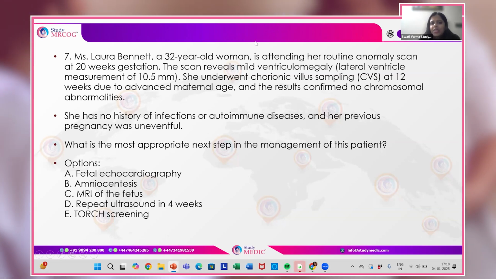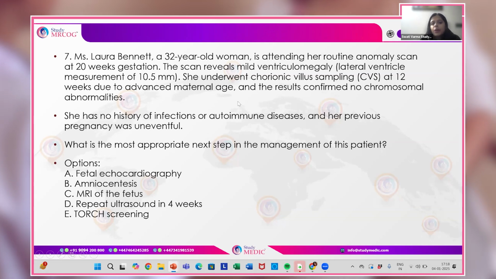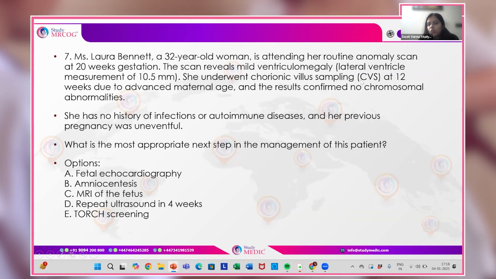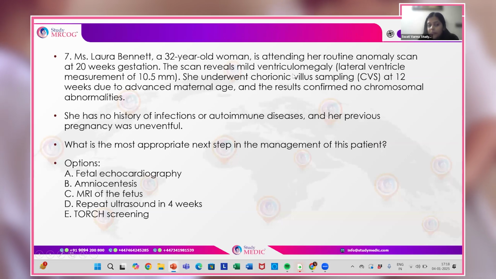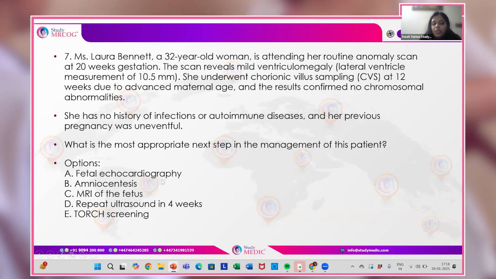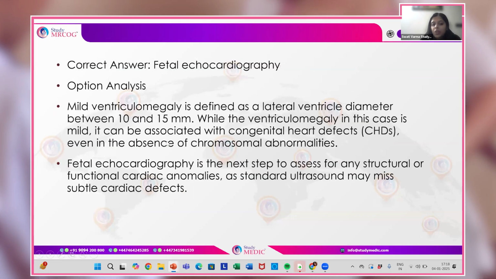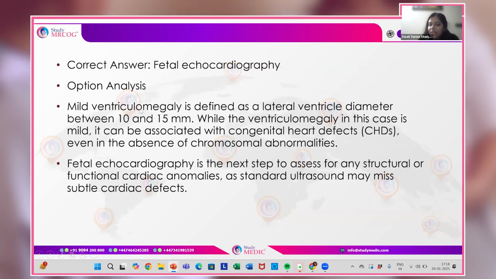Now, ideally, CVS alone should not be offered at 32 years, but somehow she was offered and it showed normal chromosomal analysis. So, considering the next step in view of her ventriculomegaly is option A, that is fetal echocardiography. Why? Because here the ventriculomegaly is mild, between 10 to 15 mm.